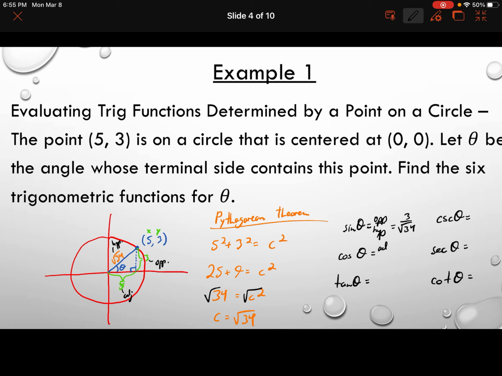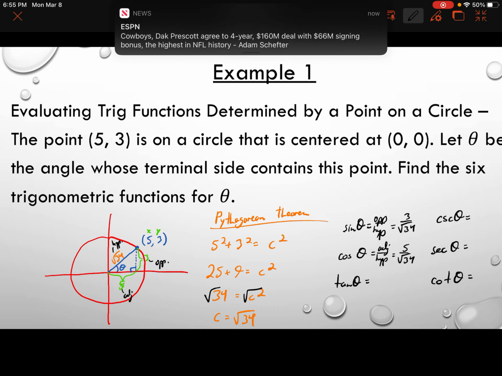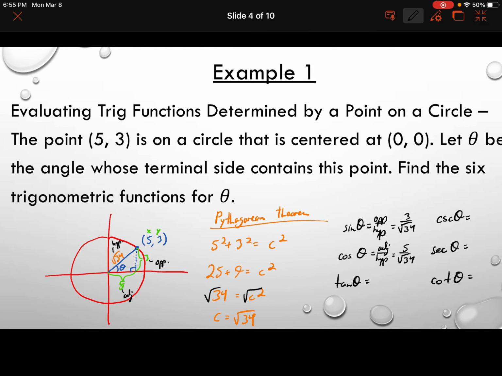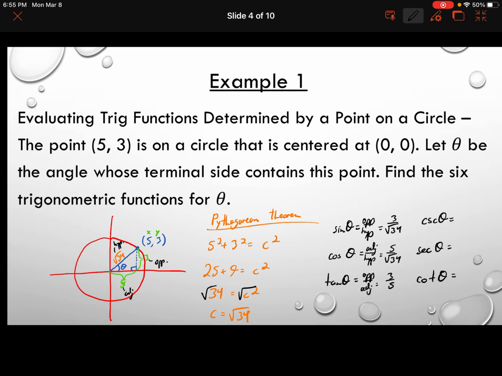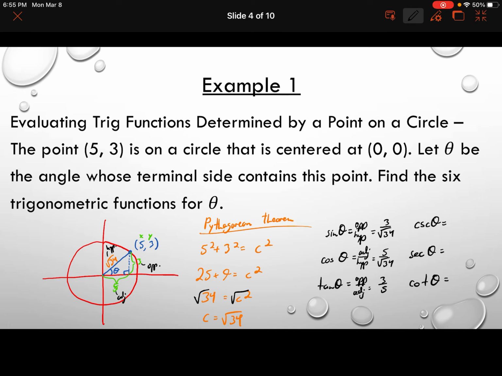Cosine, on the other hand, is adjacent over hypotenuse, giving us 5 over the square root of 34. Tangent of theta is equal to opposite over adjacent, which would lead us to 3 over 5. And then we do the reciprocal functions.